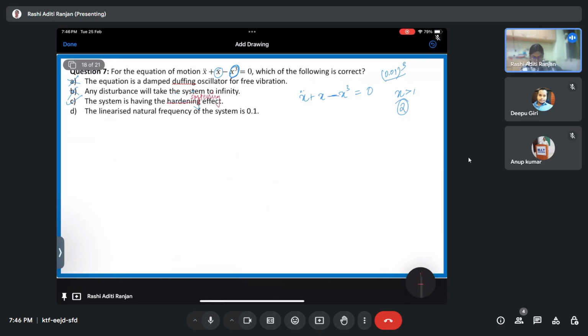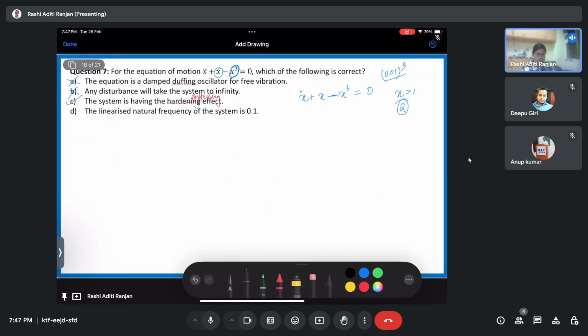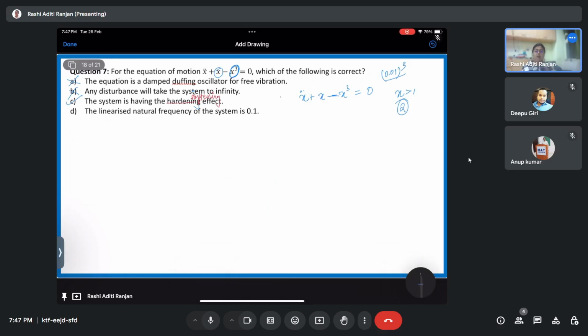I will change it when I upload the slides tomorrow. So this would be correct if it is softening. Mind it, this will be correct only if it is written softening. For hardening, this is not true. And coming to the last option, the linearized natural frequency of the system is 0.1. This is incorrect because the linearized natural frequency of the system is 1, not 0.1.